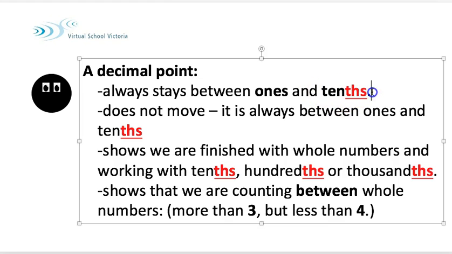Be wary that with the word tenths, you've got to listen carefully and watch carefully for the THS. The decimal point will always live between the ones and the tenths. The decimal point shows us that we are finished with whole numbers and that we are working with smaller fractions. And that shows the point on a number line between the 3 and the 4.